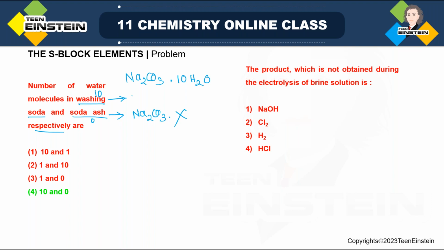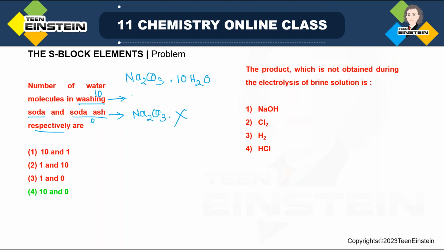Which product is not obtained during the electrolysis of brine solution? Now we have used this process, that is electrolysis of brine solution. This is already discussed in the Castner-Kellner cell. When we say electrolysis, obviously there will be a cathode and an anode. A specific reaction is going on in the anodic section, and in the cathodic section a separate reaction is going on.